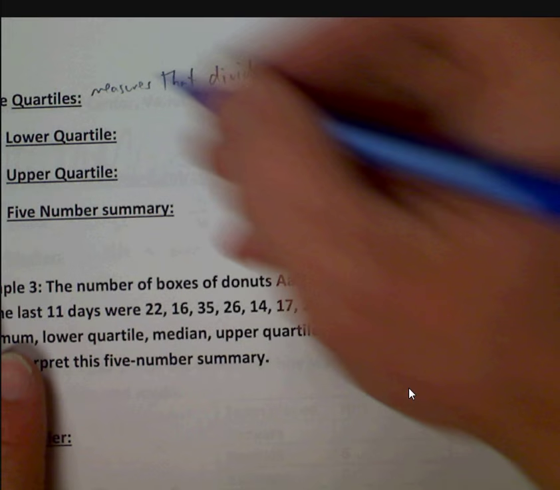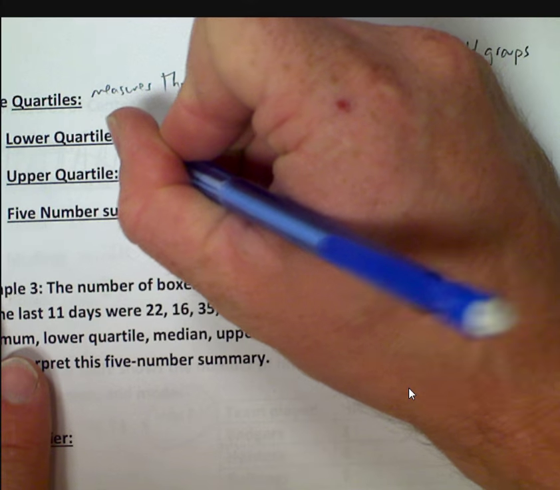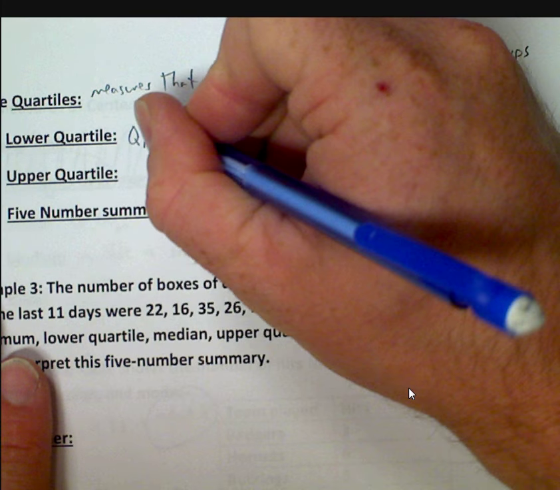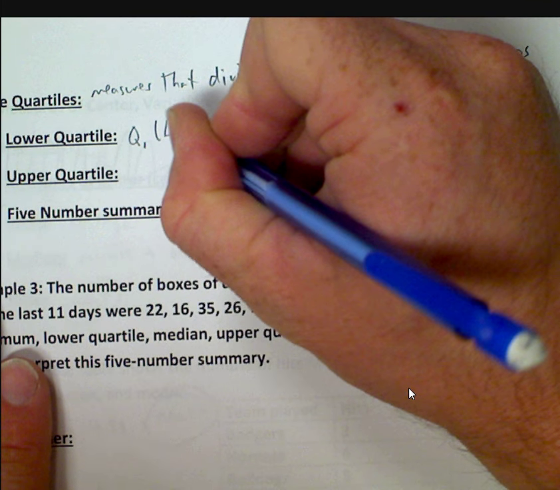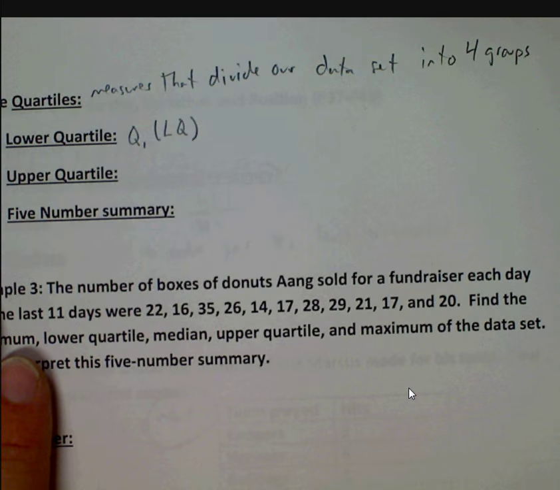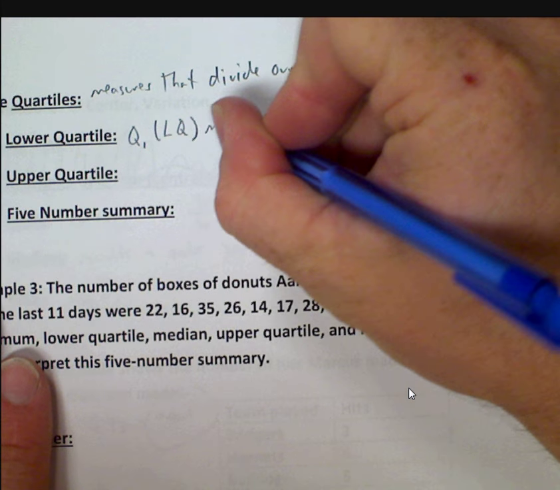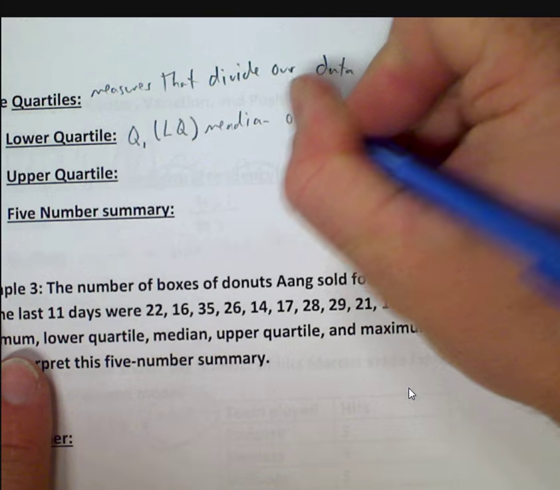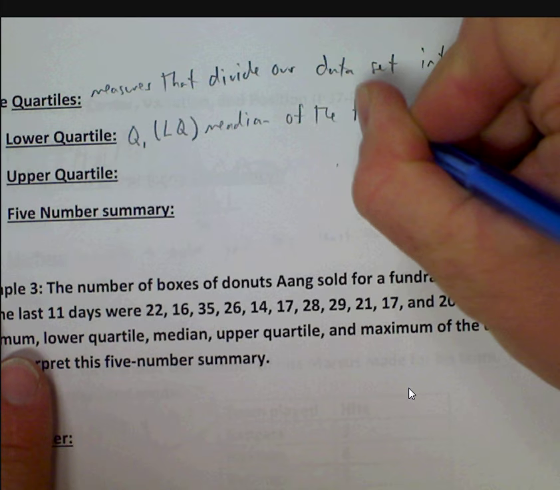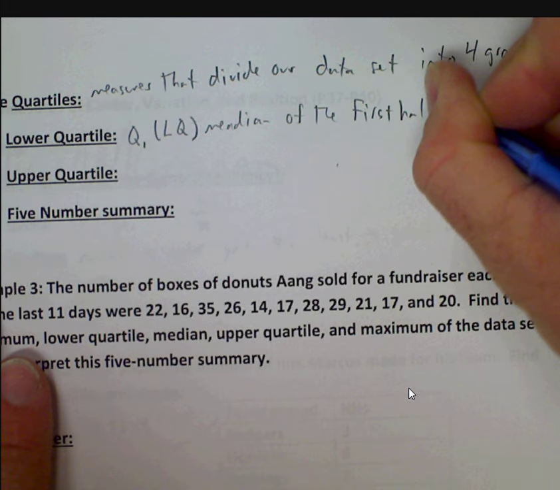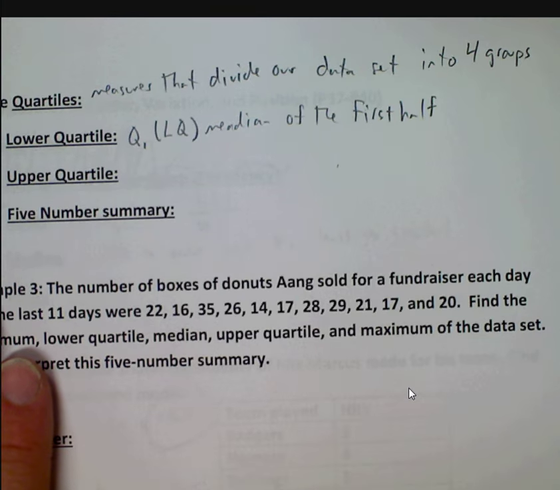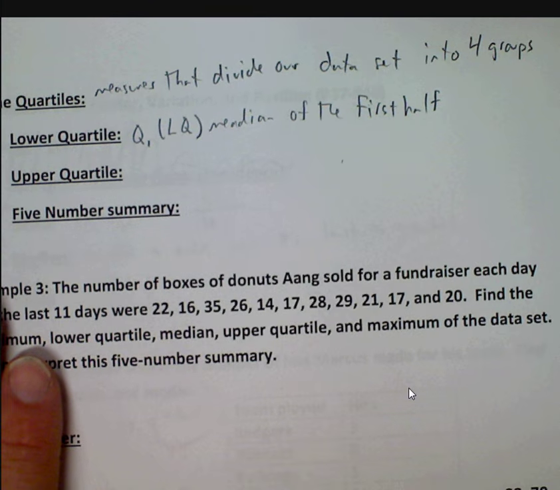So the lower quartile is also known as Q1. A shortcut or shorthand is LQ, lower quartile. It is the median of the first half. And I'll tell you what that means once we get down below.